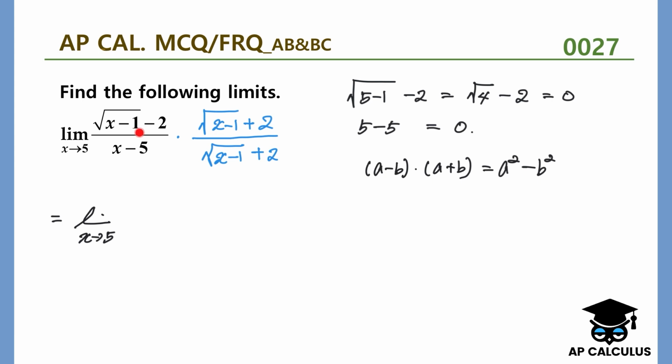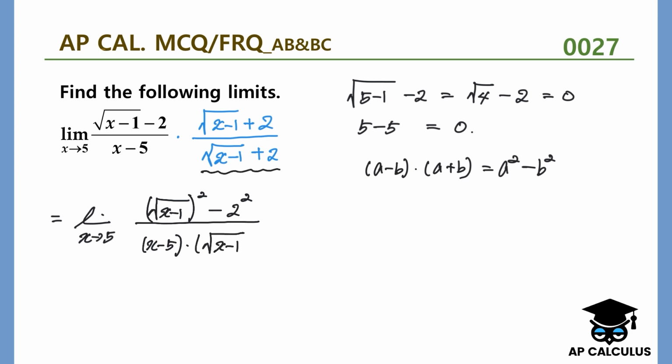So we have the square root of x minus 1, squared, minus 2 squared. Denominator: we have x minus 5 times this expression, root x minus 1 plus 2. So far so good. Root x minus 1 squared is just x minus 1, so x minus 1 minus 4 is equal to x minus 5.